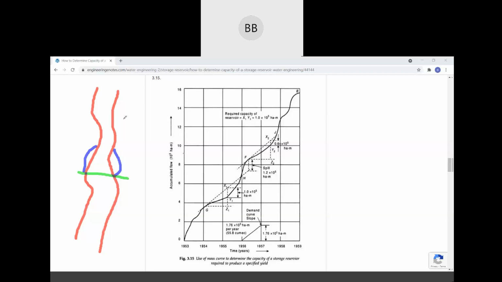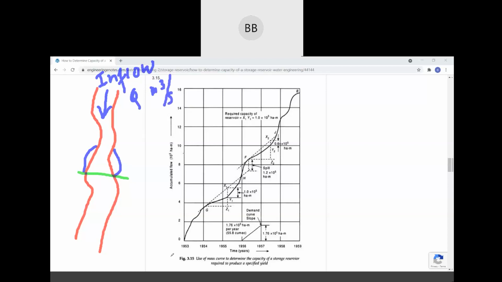How? We have to consider, suppose this is a river. There is some amount of water coming from upstream to that dam location, which is called inflow. Inflow is nothing but your discharge in meter cube per second.